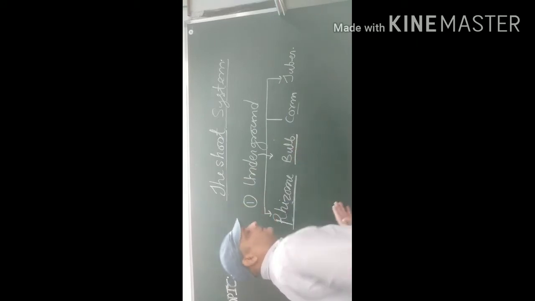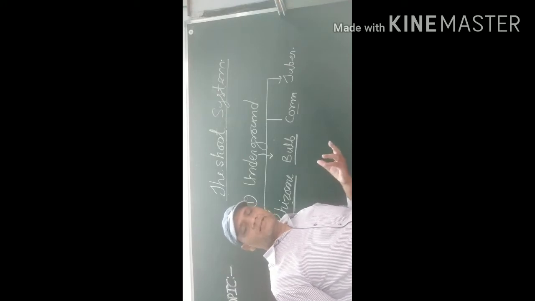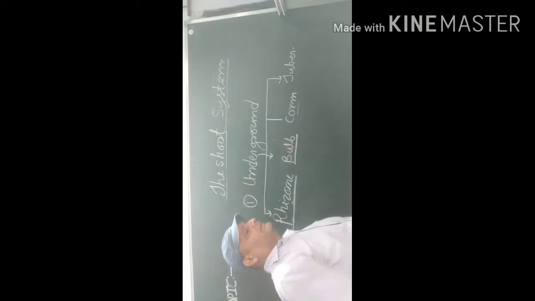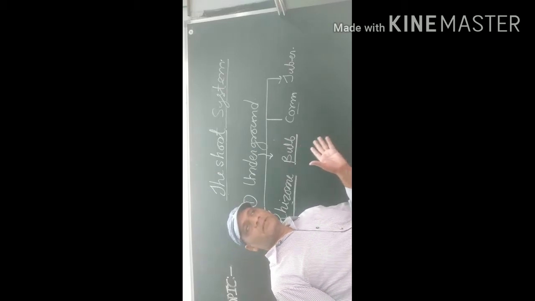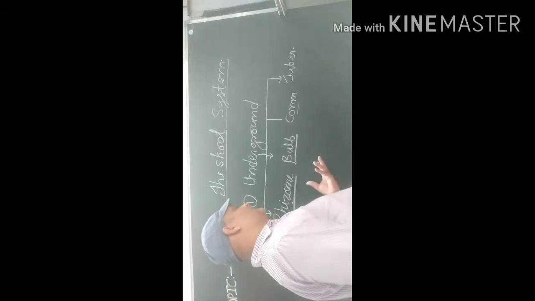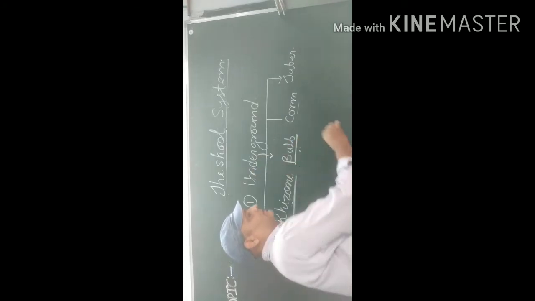Bulb is also an underground stem. It is structured like a bulb. In this, food is stored in the fleshy leaves, due to the accumulation of food in rounded, bulb-like shapes. Example: onion.